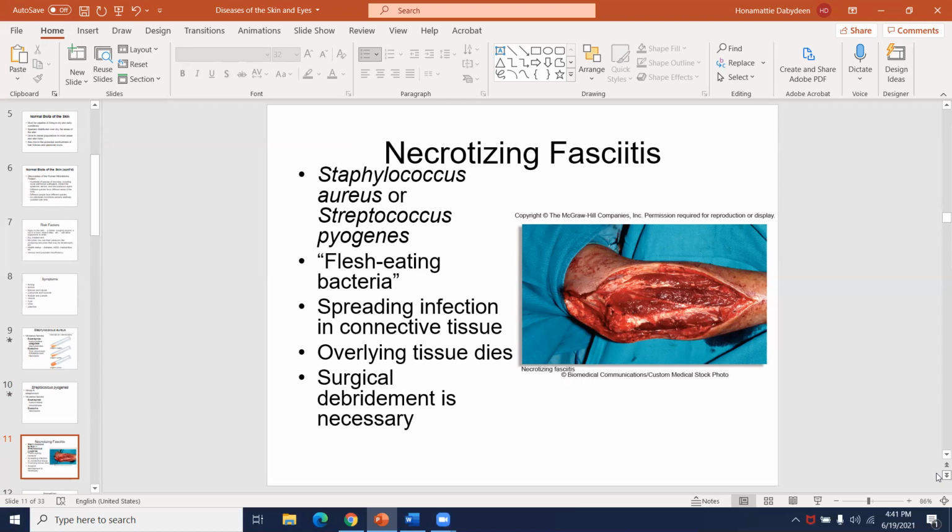And you need to actually debride. Debridement is often necessary. And that's what they did to this patient that they're showing you there. Of course, once you try to do that, then you have to deal with making sure you get rid of the organisms, antibiotic therapy, among everything else.